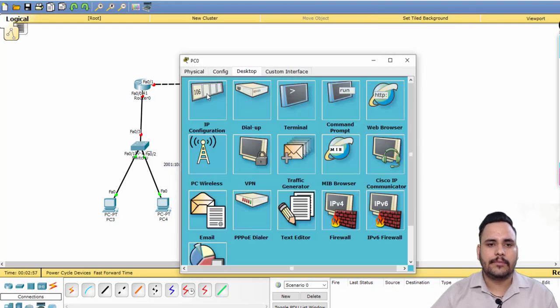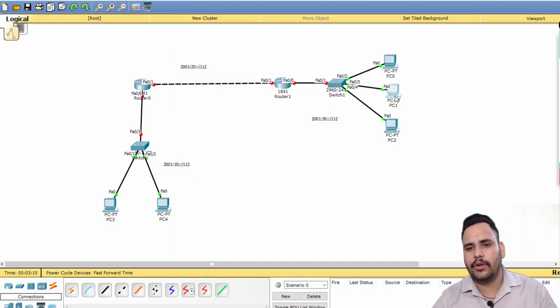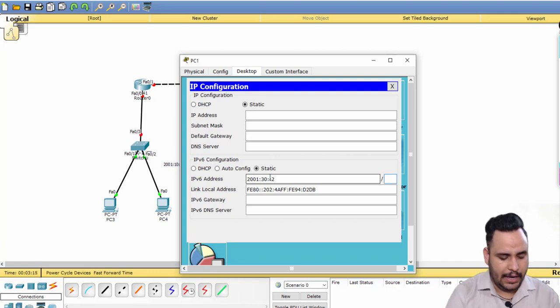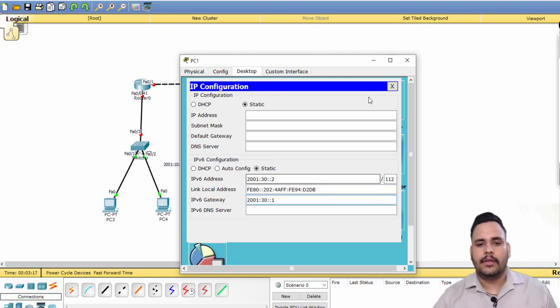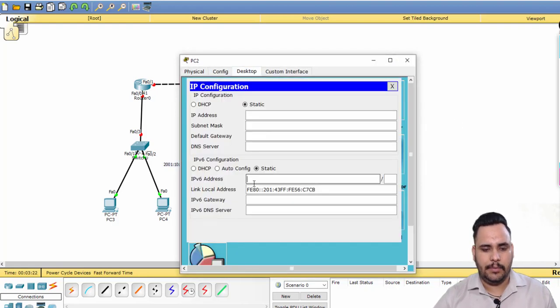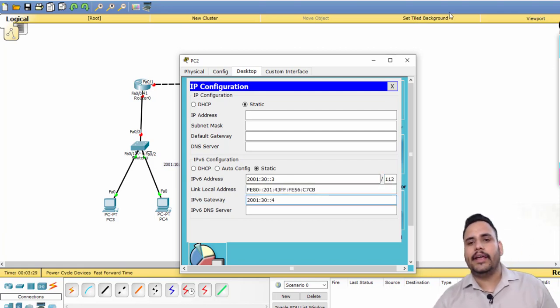Here I'm using 30:1 with /112, and the gateway should be 30:4 because I'm using 3 PCs. So I just want to give IP addresses 1, 2 and 3, and at the last PC I'm going to configure IPv6 address 30:3, and 30:4 is my gateway.